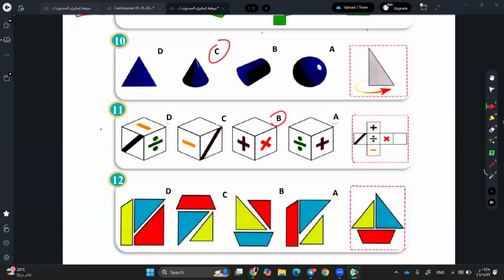And in C, the minus and the slash will be together, but it's going to be like that shape, yes. Right? Yes, excellent.